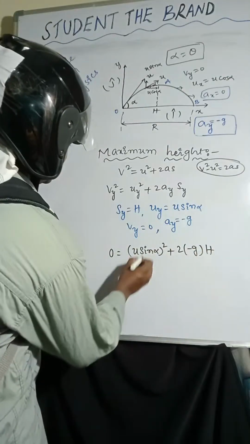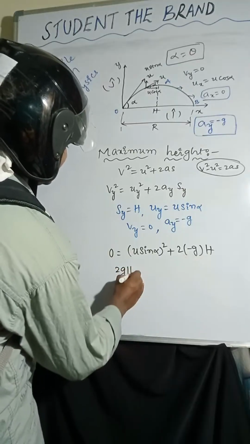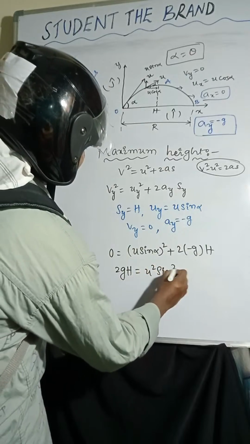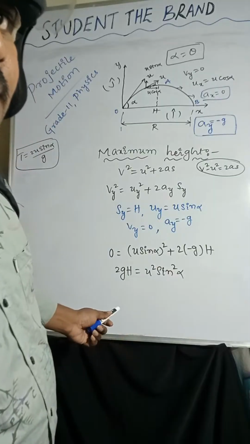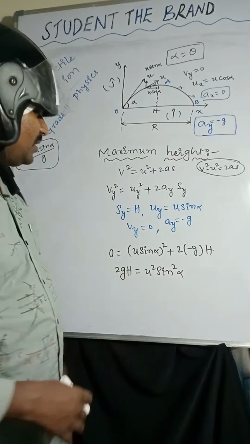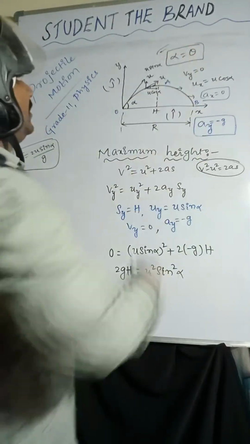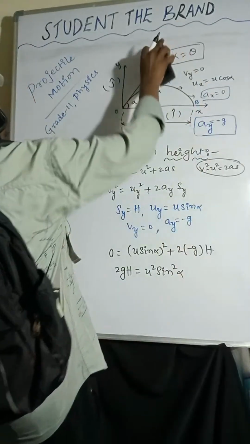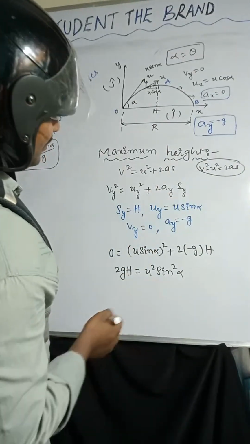Now you can take this entire term across: 2gh equal to u square sin square alpha. Yes or no? Is it clear? So 2gh equal to u square sin square alpha. Remember, as I said, alpha equal to theta, so we can take any one among those two.